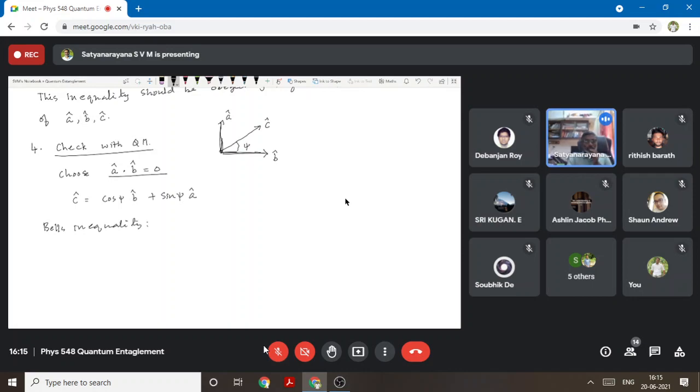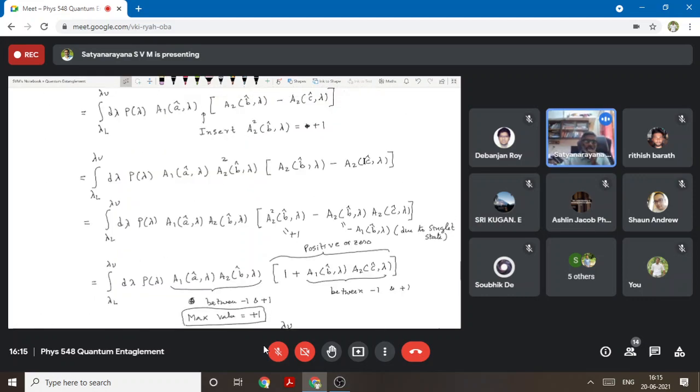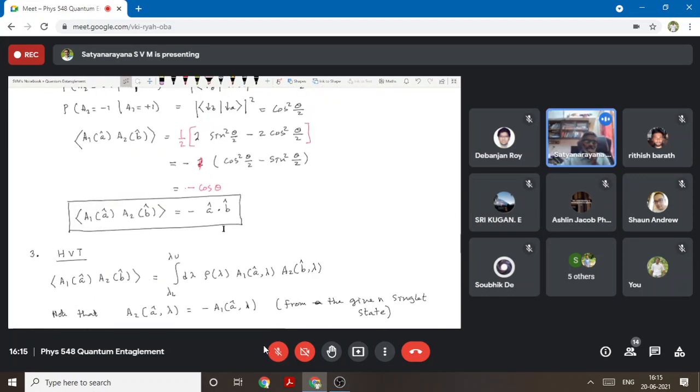Let's look at the left hand side. In quantum mechanics, we have already seen that this kind of correlation function, the a1 a2 b correlation function, is minus a dot b.